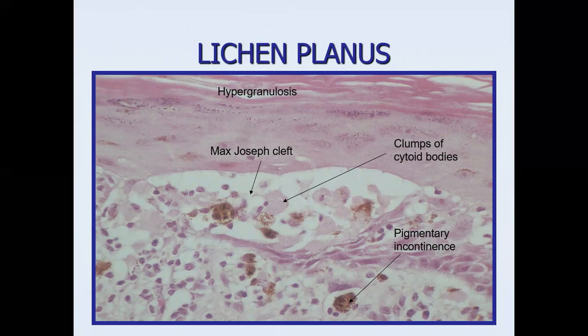Later on, this pigment is engulfed by macrophages, which are then called melanophages, and gradually the pigment is phagocytosed and removed from that place.